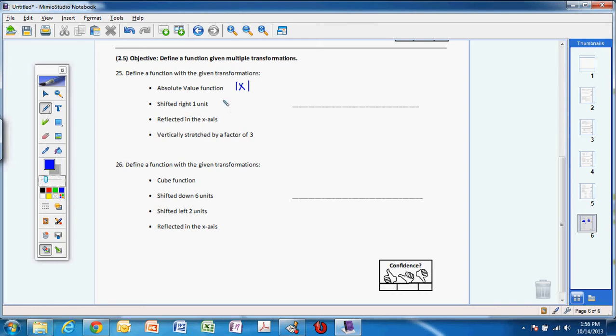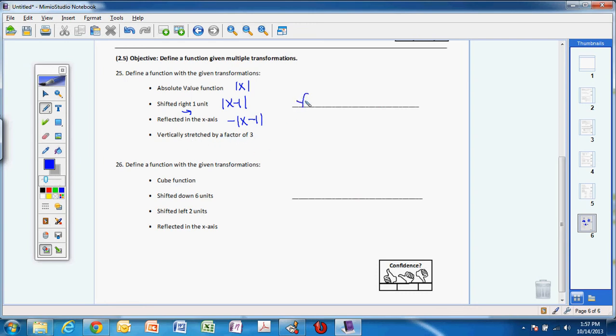If something is shifted right or left, it's going to be inside with my x. Shifting right 1 tells me I need a -1 on the inside with my x. Then it is reflected in the x-axis, so I need a negative out in front. And I'm also being vertically stretched by a factor of 3.